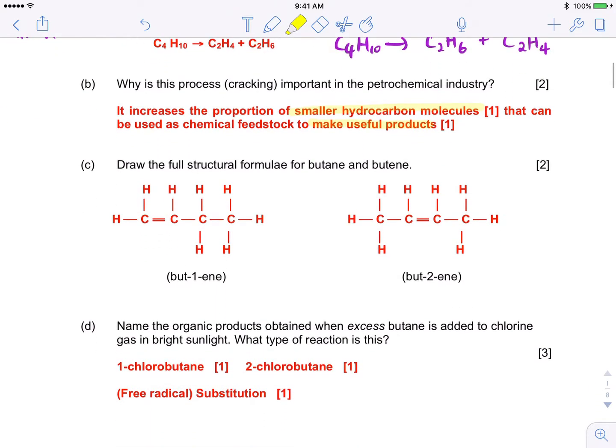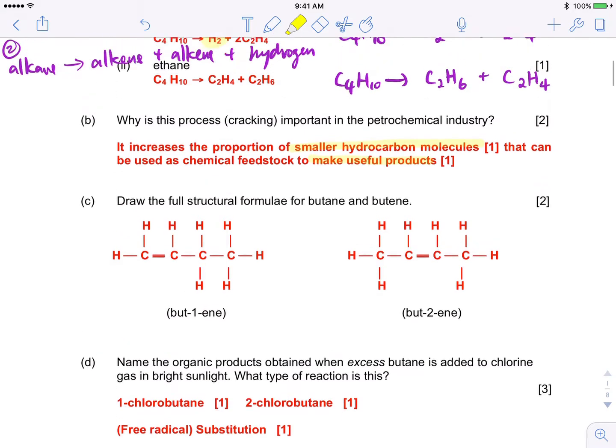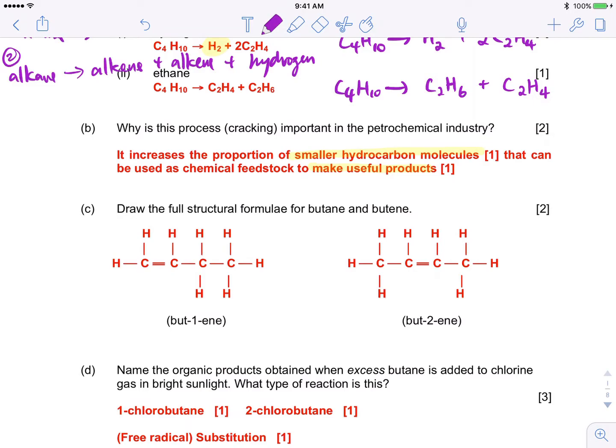Draw the full structure. I think this is a different question from yours. Yours is to draw the isomers for C4H8, right? So you can have but-1-ene, but-2-ene. You can also have 2-methylprop-1-ene.